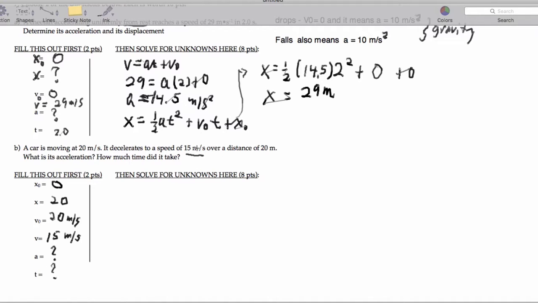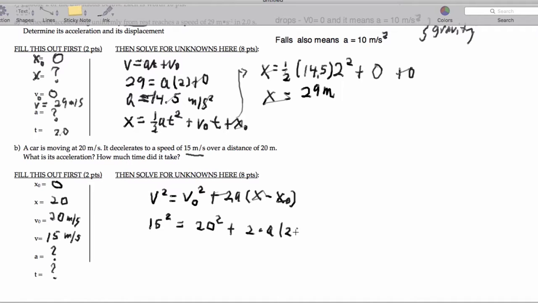Since we don't have time in this formula, I'm going to use this weird formula here for when they don't give me time. So 15 squared equals 20 squared plus 2 times a times 20 minus 0.